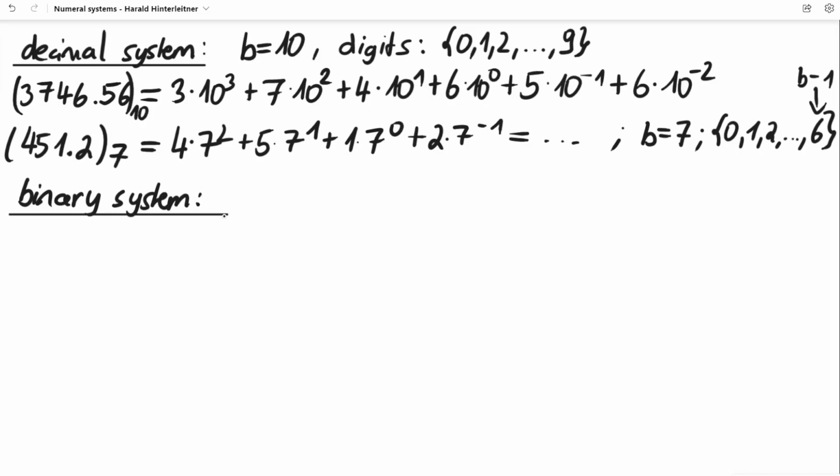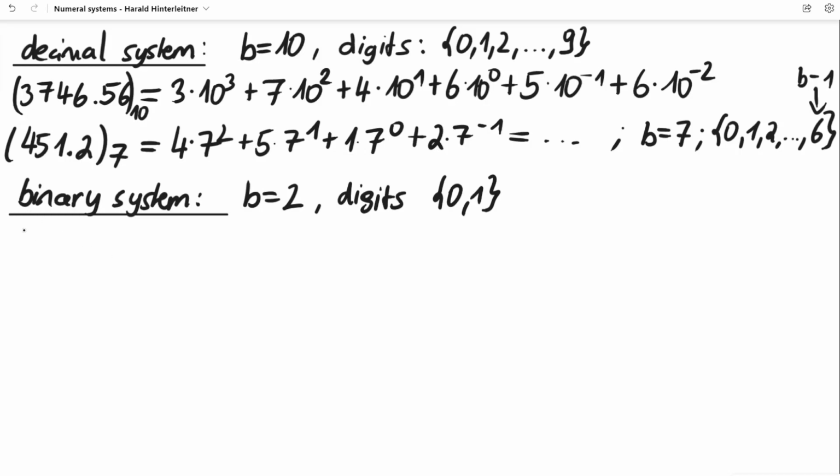This is especially important in computer science because the base is 2 and the digits are just 0 and 1, 2 digits, because this is what you can store in a transistor or represent using a transistor, off and on.